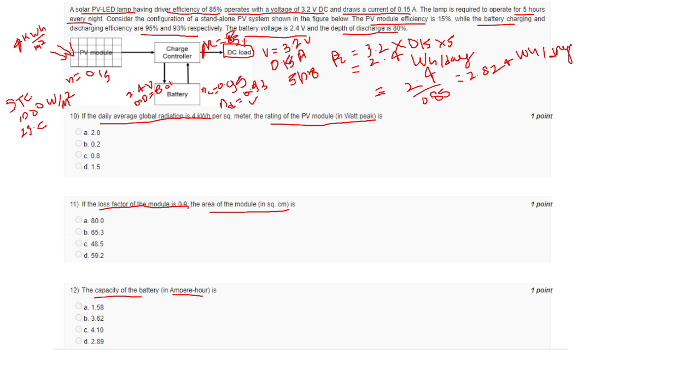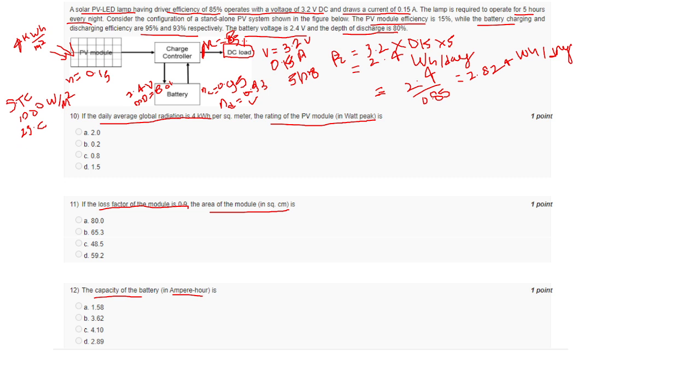So we will use the given daily global radiation of 4 kilowatt hour per meter square in our calculation, and interpret it as equivalent to 1000 watt per meter square for 4 hours. I think that is clear, right?